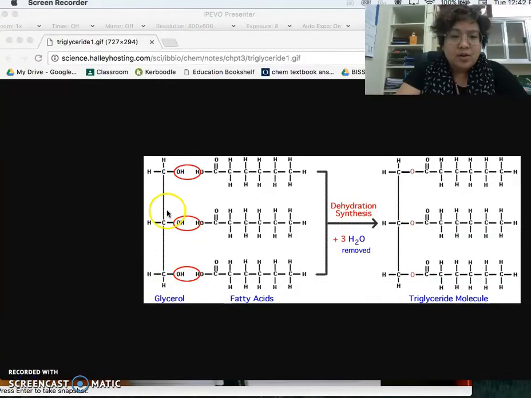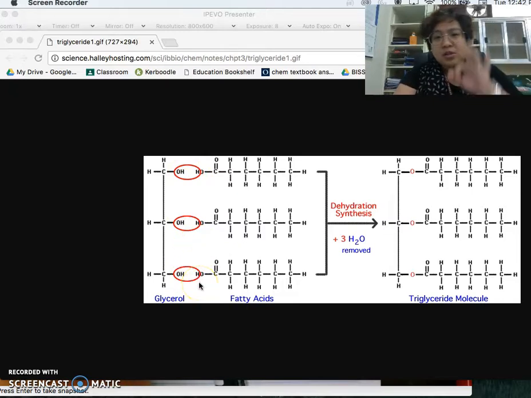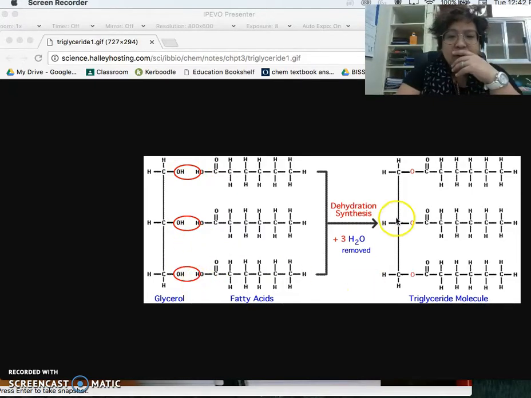So you have here your glycerol molecule, and you have 1, 2, 3 fatty acids. And in the process of condensation, we remove water, so that's 3 water molecules removed to be able to form an ester bond between your glycerol molecule and your fatty acids.